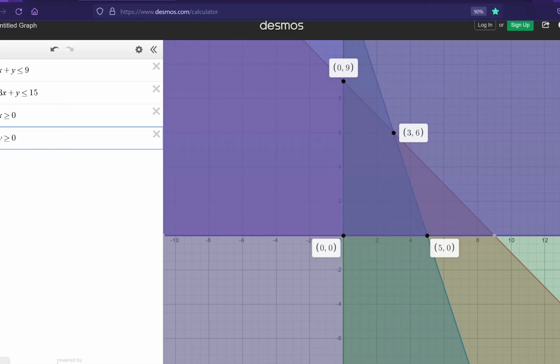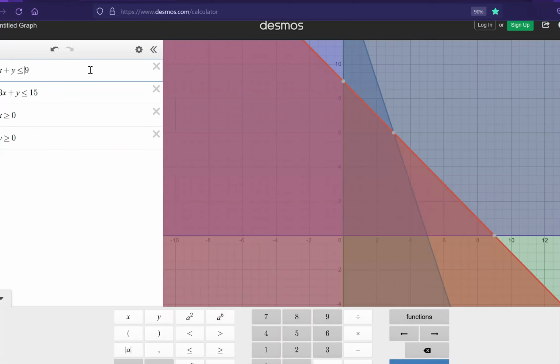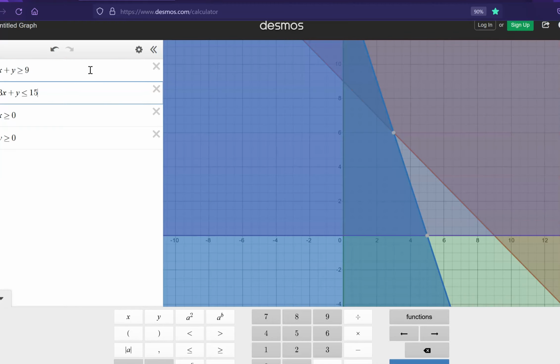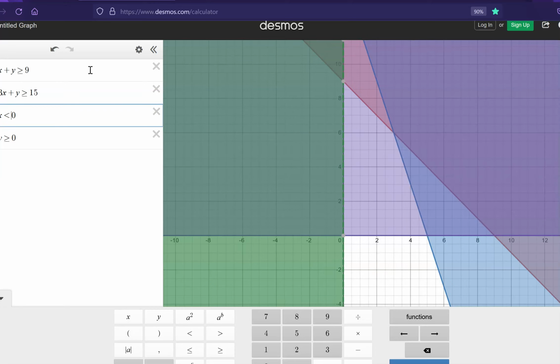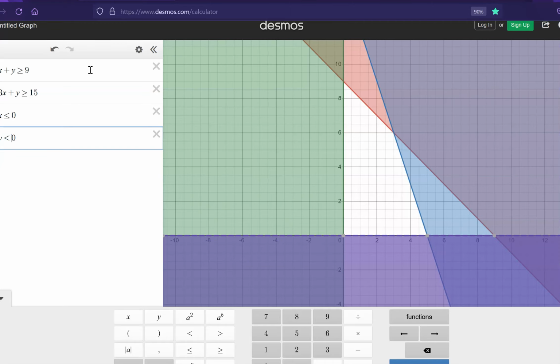So what we could do, my little tip, is switching all of the inequalities around. So where x plus y is less than or equal to 9, I could rewrite that as more than or equal to 9. And 3x plus y is less than or equal to 15, changing that to more than or equal to 15. And x more than or equal to 0, switch it to less than or equal to 0. Y more than or equal to, switch it.